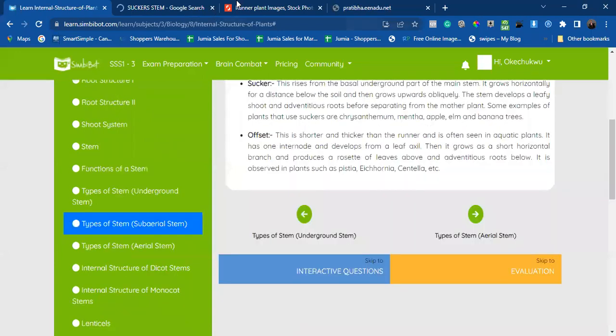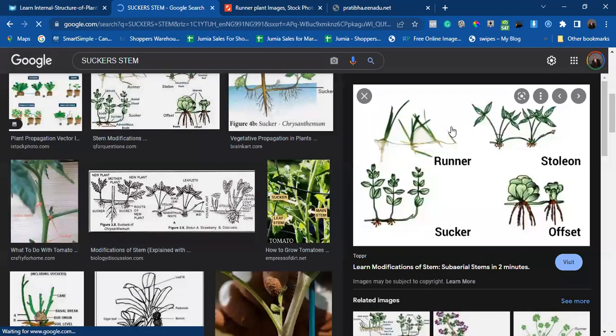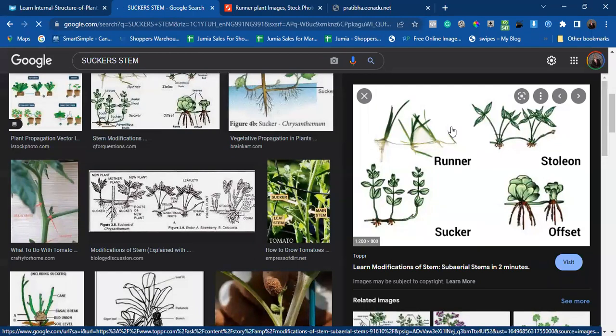So these are just the examples of sub-aerial. Sub-aerial means they are above the ground, but still close to the ground. You see them, very close to the ground, but they are above. That's why they are called sub-aerial.